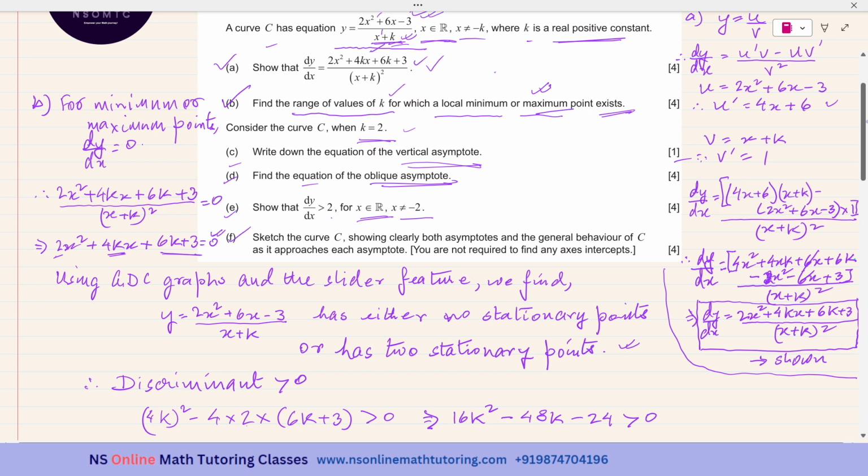Now, sketch the curve C showing clearly both asymptotes, both meaning one is the vertical asymptote, another is the oblique asymptote, and the general behavior of C as it approaches each asymptote. You are not required to find any axis intercepts.